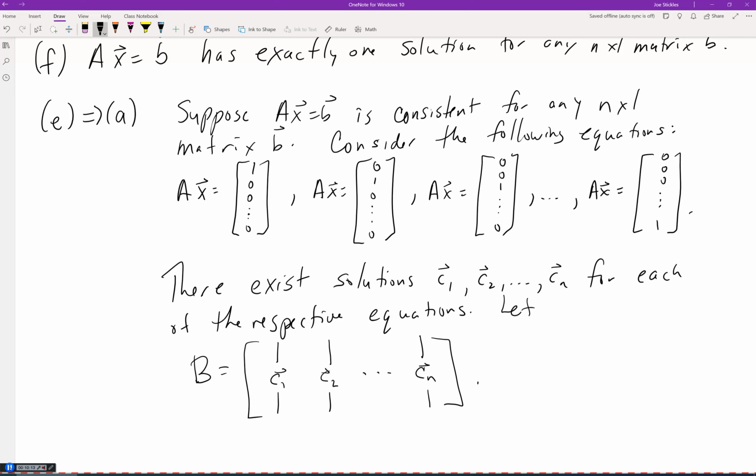So I need to create a matrix that I think is its inverse. Okay? So that's where these equations are coming up. To be the inverse, I have to have something to give me the first column of the identity, something to give me the second column of the identity, and so on down the line. So I'm going to create the matrix that has columns that are the solutions to these equations.